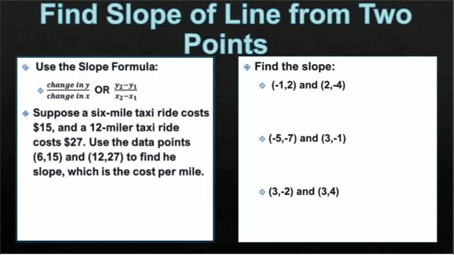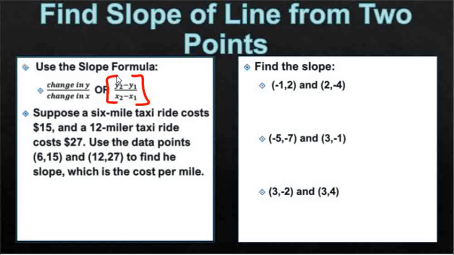On the last slide, looking at our appendix, find the slope of a line from 2 points. So using the slope formula, which is y2 minus y1 divided by x2 minus x1. Suppose a 6-mile taxi ride costs $15 and a 12-mile taxi ride costs $27.